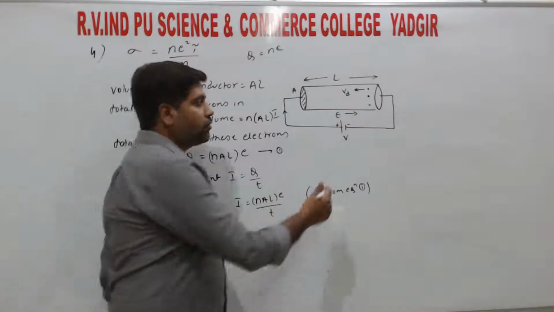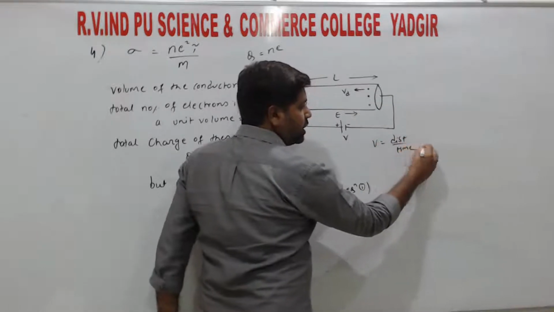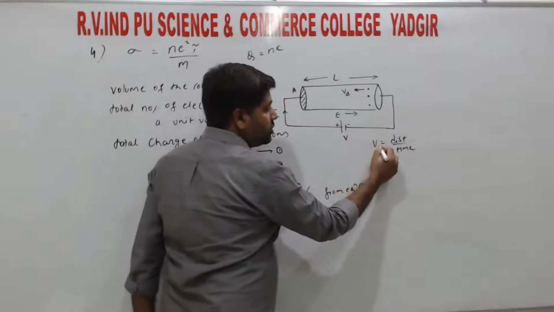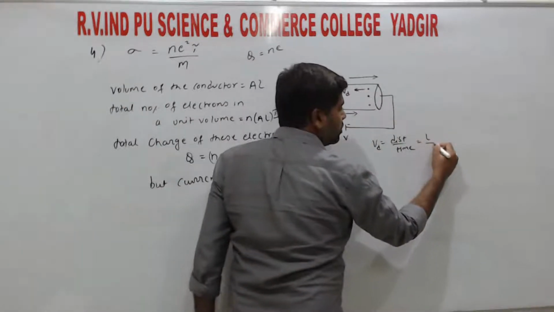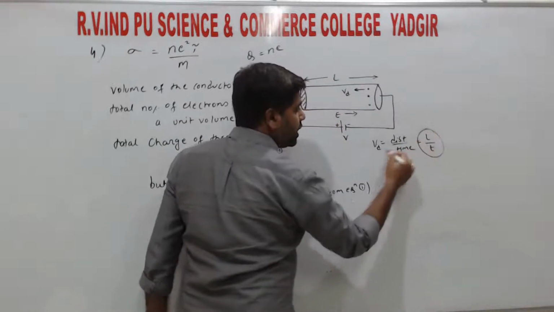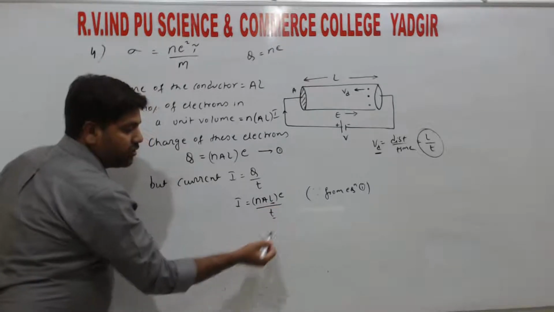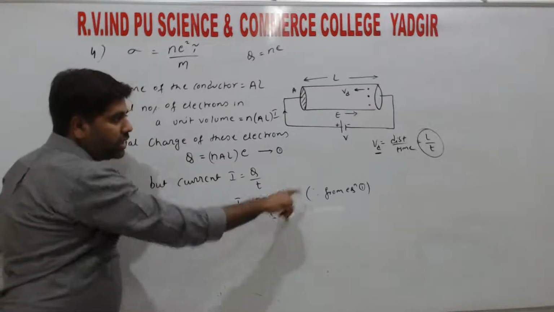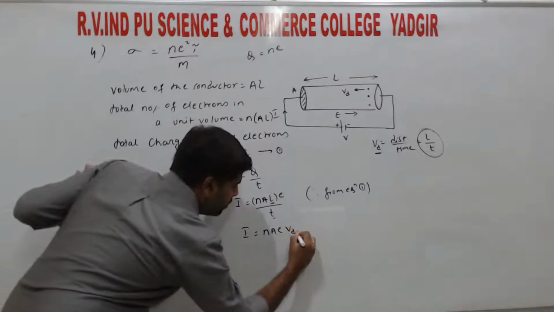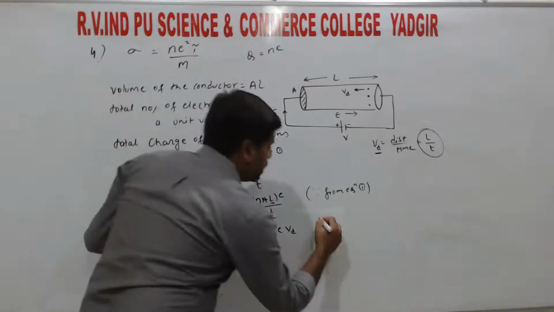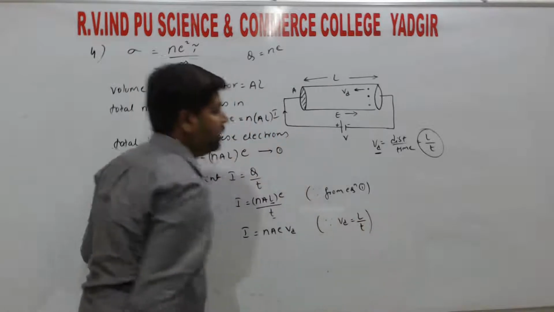Again from the definition of velocity, velocity is equals to distance or displacement divided by time, right? So here the velocity is Vd, that is the drift velocity, the distance is L, the time is t. So L by t we can write as Vd, right? So in this relation we have L divided by t, so we can replace L by t with Vd, right? So I is equals to n A e Vd, right? That is because Vd is equals to L divided by t.